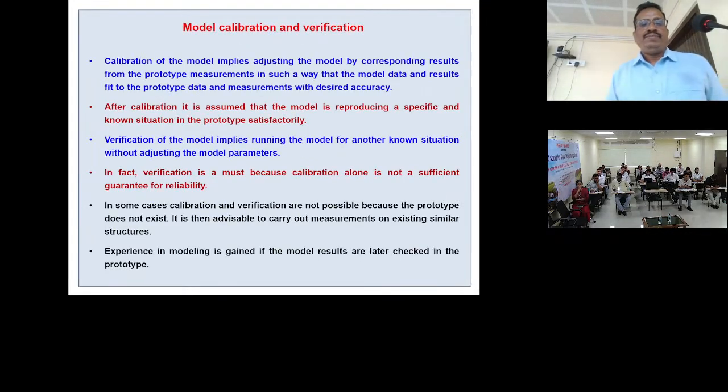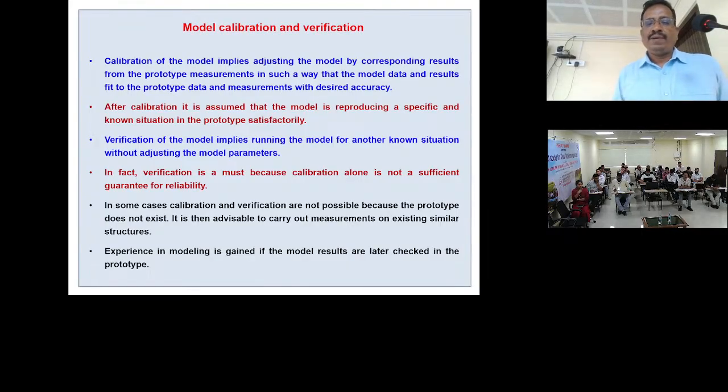Model calibration and verification. Calibration of the model implies adjusting the model by corresponding results from the prototype measurements in such a way that the model data and results fit the prototype data and measurements with desired accuracy. After calibration, it is assumed that the model is responding to a specific and known situation in the prototype satisfactorily.